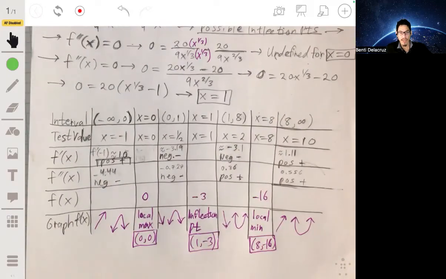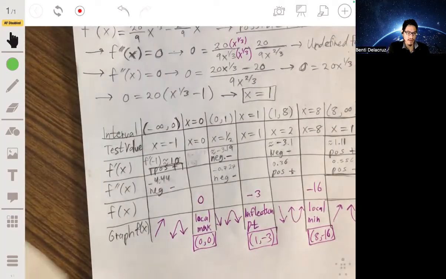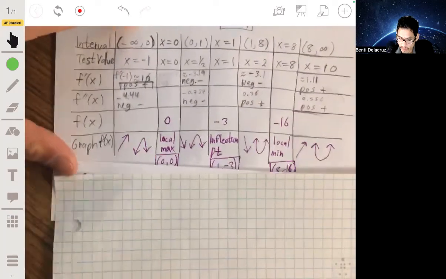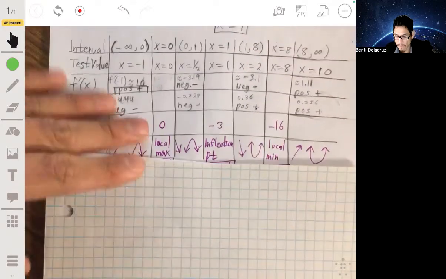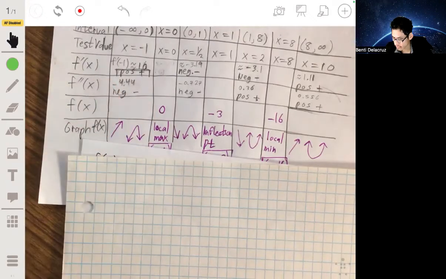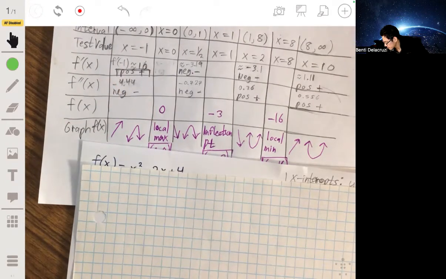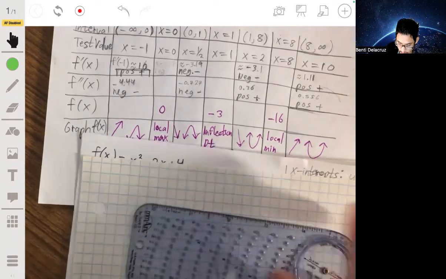Now let's just go ahead and do the fun part. Let's draw a sketch of this. Grid paper, graph paper. And let's put it all together. See all of our hard work pay off. Okay, so let me draw my graph, best as I can.